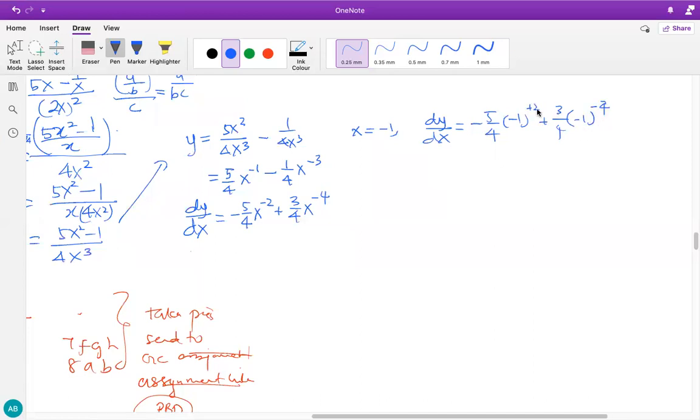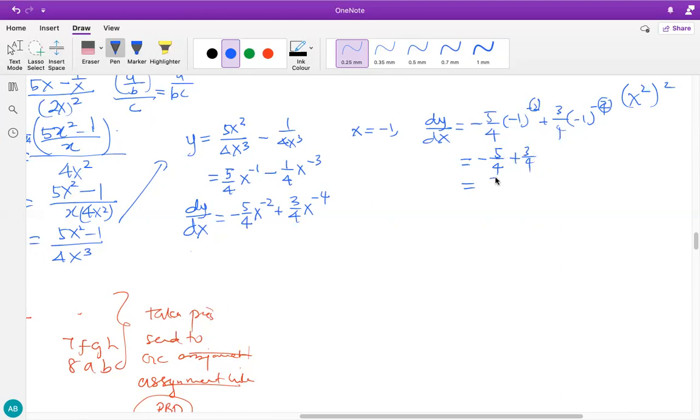Since this is a square, and this 4 is also a square, that means if you do this square and then you square it again, for sure it is positive. Therefore, the answer is negative 5 over 4 plus 3 over 4. Again, you get the answer.